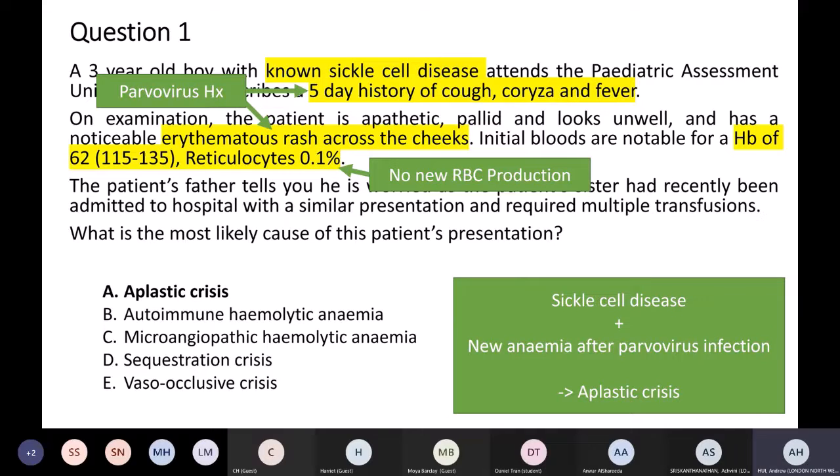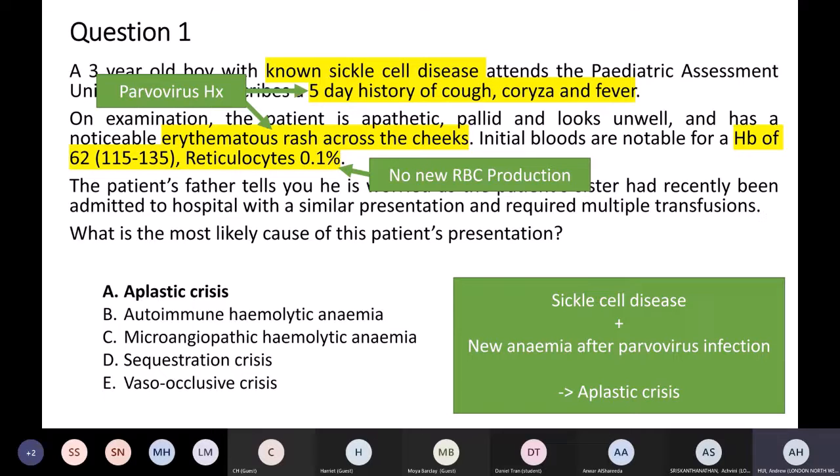You might have heard of that. It's caused by the virus parvovirus B19. And there's an interesting relationship between someone with sickle cell disease who contracts parvovirus. Parvovirus affects cells in the bone marrow. What it does is it prevents new red blood cells from being produced in the bone marrow.